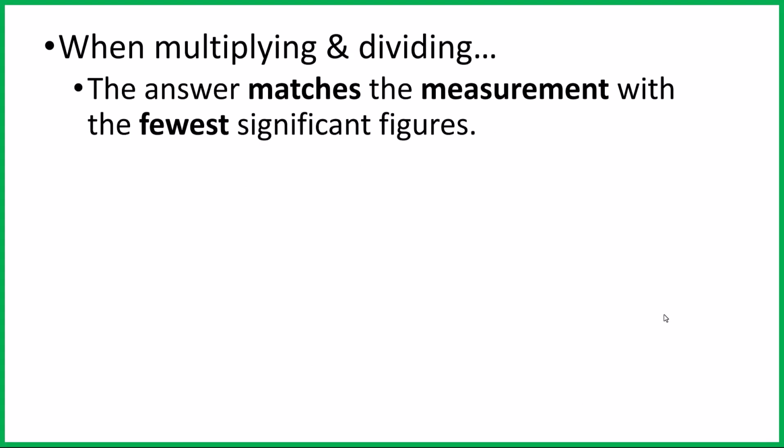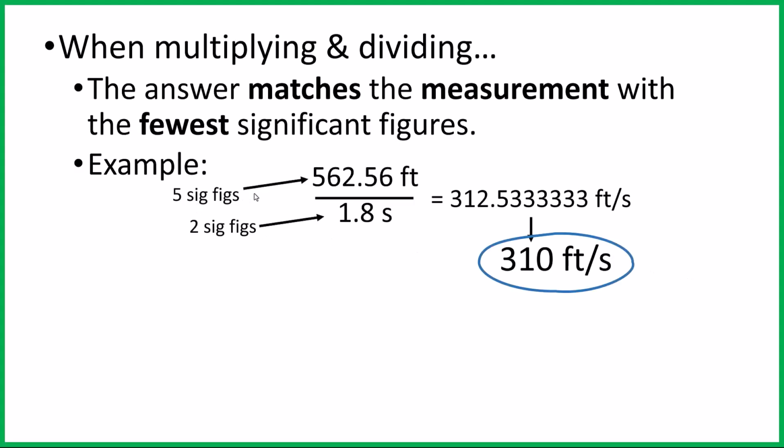When multiplying and dividing, the answer matches the measurement with the fewest significant figures. So for example, this measurement has 5 significant figures, as you can see, no trailing zeros, all non-zero numbers. So these are all significant figures.